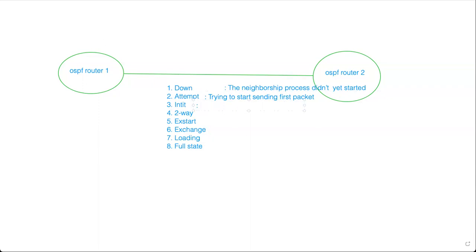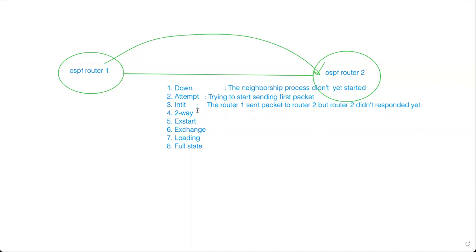So let's say this router sends a packet to this guy. So in the init state, router 1 sent the packet to router 2, but router 2 did not respond yet.